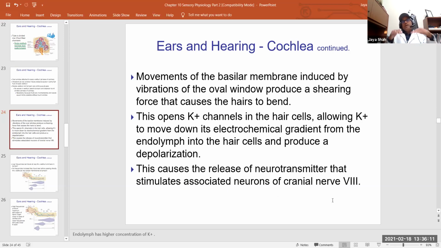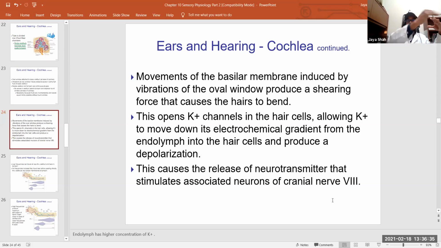So what happens when you hear sound: the cochlea moves the fluid, and inside the endolymph, the potassium ions are more compared to inside the cell. Usually in other cells, potassium is more inside, but here in the endolymph, there is more potassium compared to inside the receptor cells.